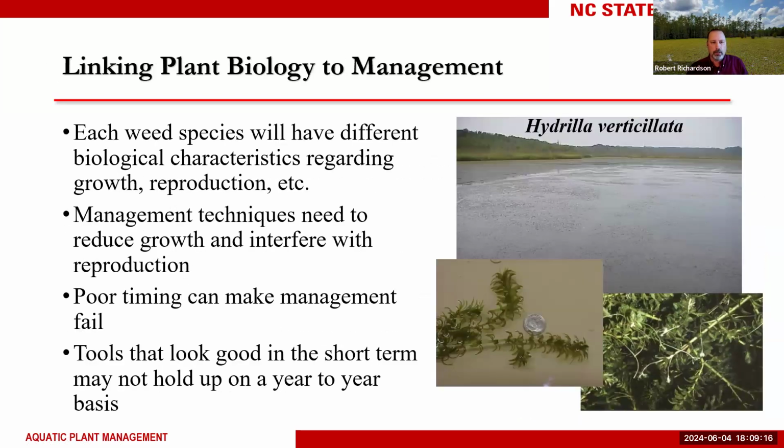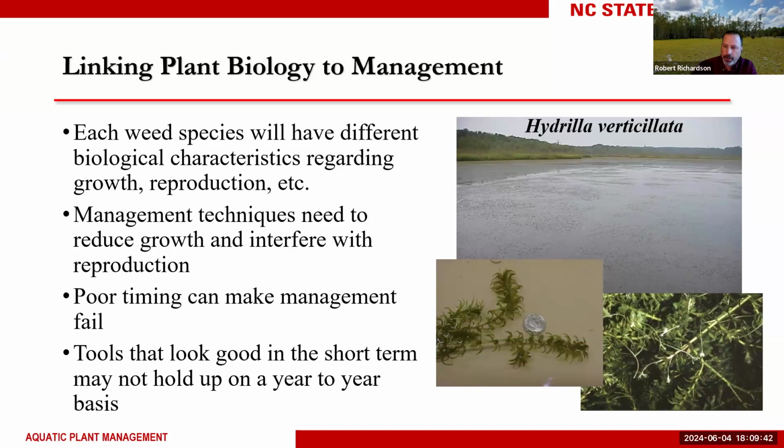Now, we do need to link plant biology into our management considerations. Each weed species has its own biological characteristics that drive its growth, reproduction. There will be weaknesses in the life cycle where management can be most effective. And these management techniques need to reduce growth of the plant, but also interfere with reproduction. In this case on the right, we've got hydrilla.